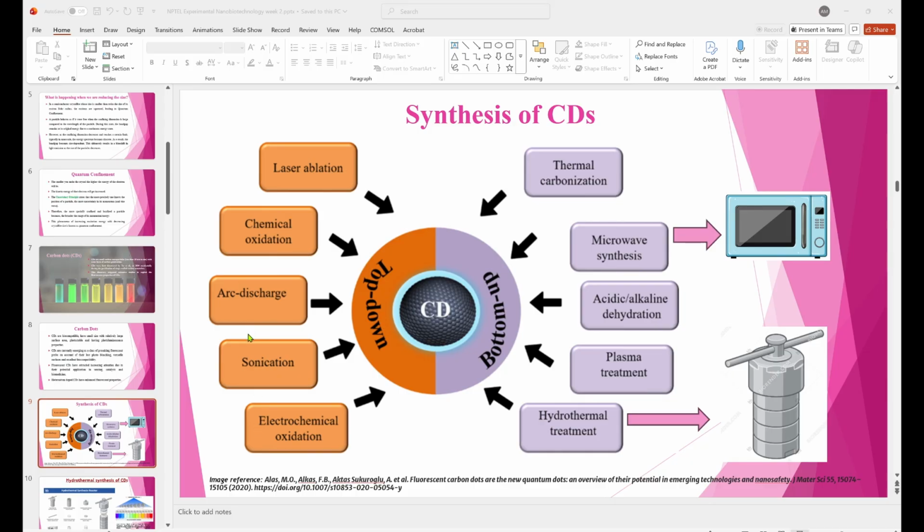So this will expand at high temperature, because usually these hydrothermal processes are carried out for longer durations, like 6 hours, 10 hours, and at a temperature of 180 degrees, 200 degrees, sometimes even higher, depending on whether your Teflon can withstand the temperature. So you get different containers which can withstand different temperatures.